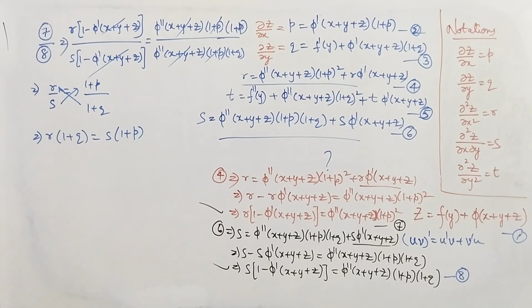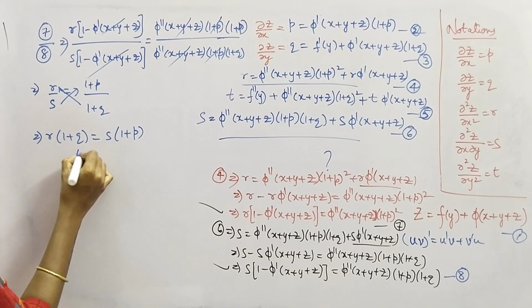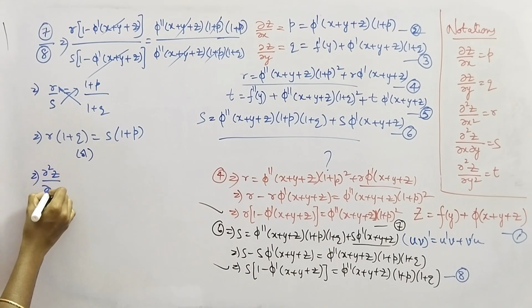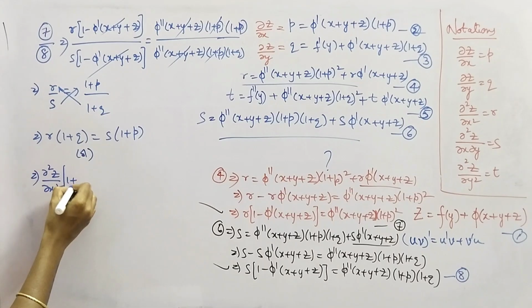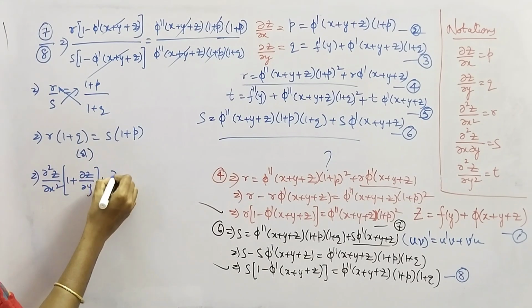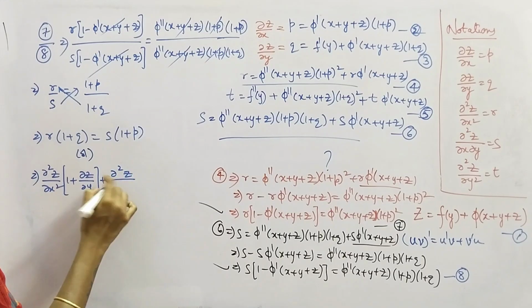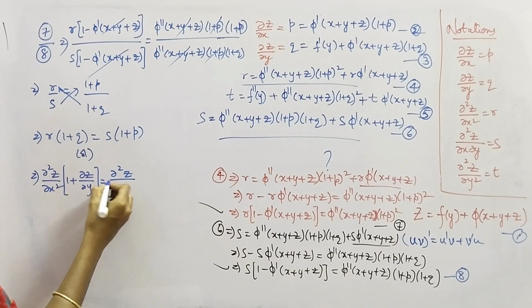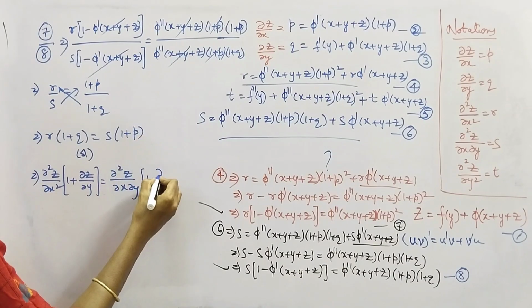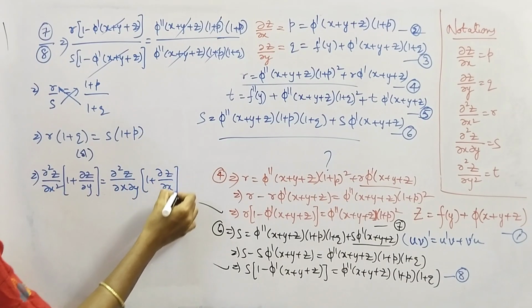Which is a required partial differential equation. Or you know that r is nothing but dou square z by dou x square, 1 plus q is nothing but 1 plus dou z by dou y, s is nothing but dou square z by dou x dou y, and 1 plus p is nothing but 1 plus dou z by dou x.